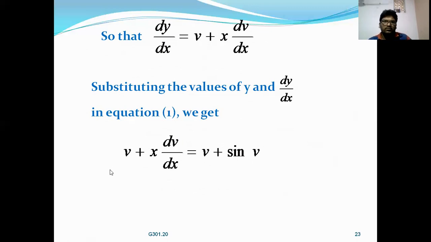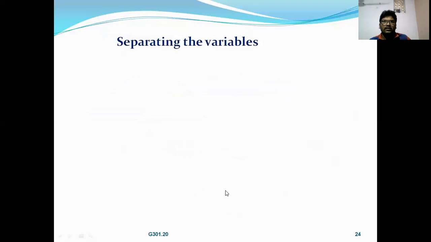So on both sides v cancels, then you will get x dv by dx is equal to sin v. Separating the variables, you will get dv by sin v is equal to dx by x.